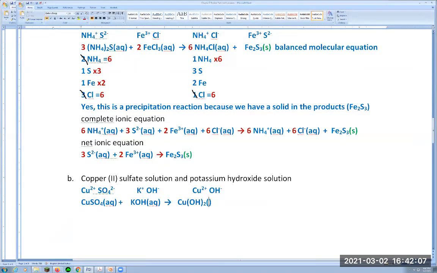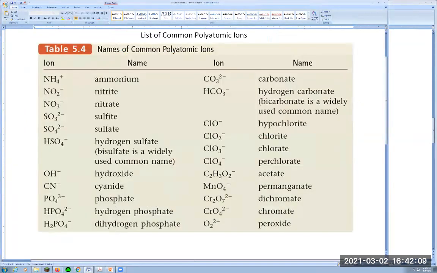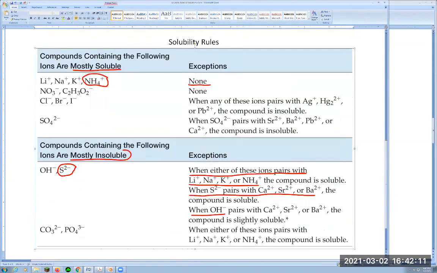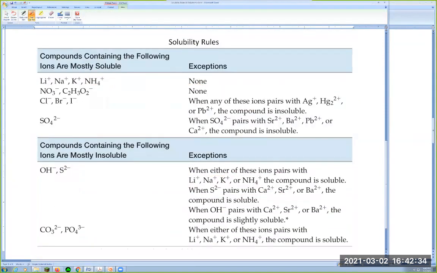For this, you need to go to the solubility rules. So copper hydroxide. I don't see any copper listed on the left side here. However, I see the hydroxide. And it's making mostly insoluble compounds. So let's see if copper is in the exceptions.